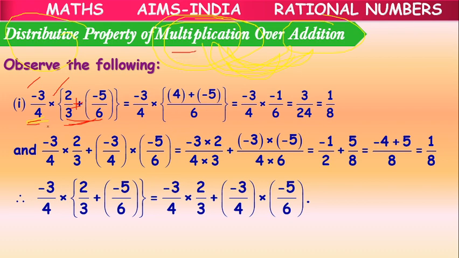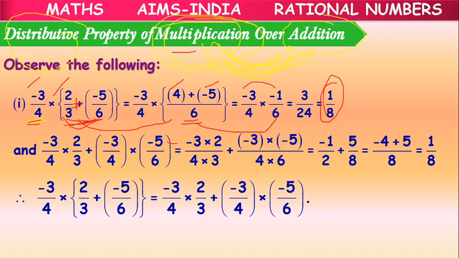Their LCM is 6. 3 and 6 LCM is 6. 2 times are 6. 2 2s are 4. 6, 1 is 6, 1 into minus 5. It is simplified as minus 1 by 6. Now multiplied with first one, we got the answer 1 by 8.